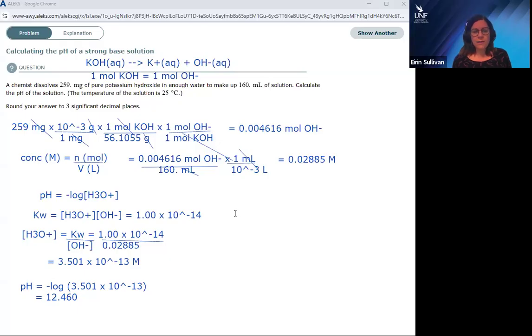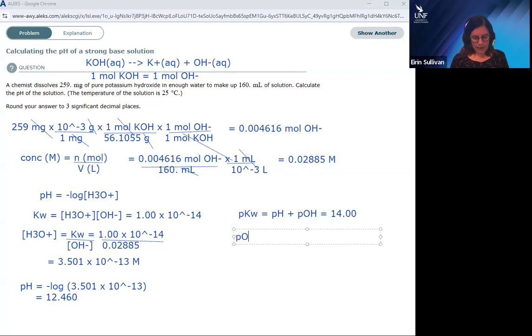Method 2 is, instead of using Kw, use pKw, and remember P is just taking the minus log. pKw equals exactly 14, and that is equal to the sum of pH plus pOH. So sometimes this second method is a little bit easier in terms of mathematics. You don't have to type 10 to the power of minus whatever in your calculator.